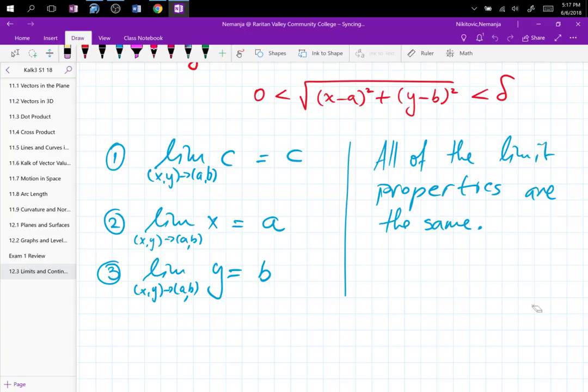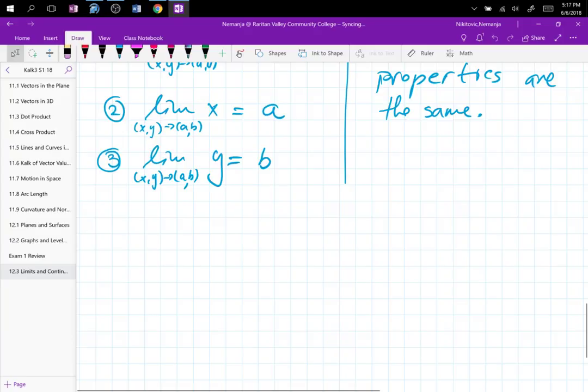most likely that problem is solved by using algebra, algebraic manipulation of some kind. Either you are going to factor or you are going to rationalize. It's something the algebra realm can help you with. So let's take a look at an example of such a thing.